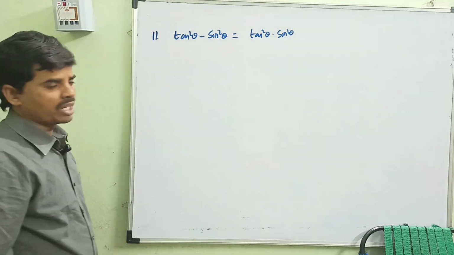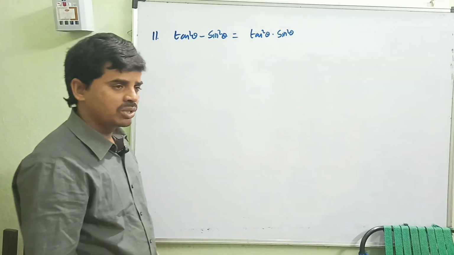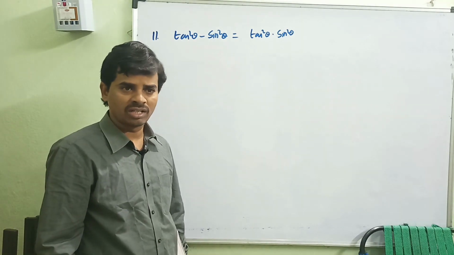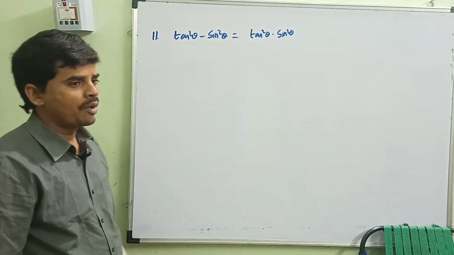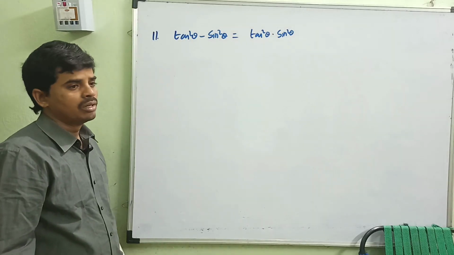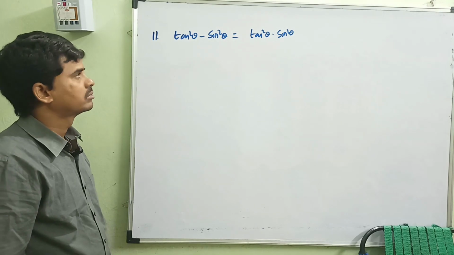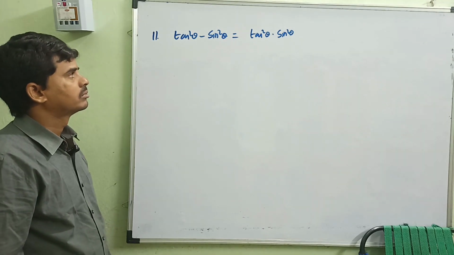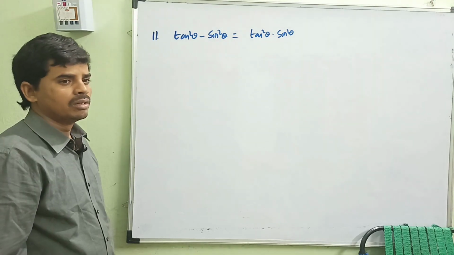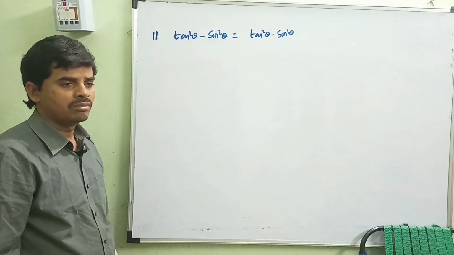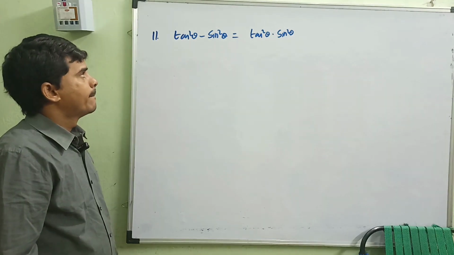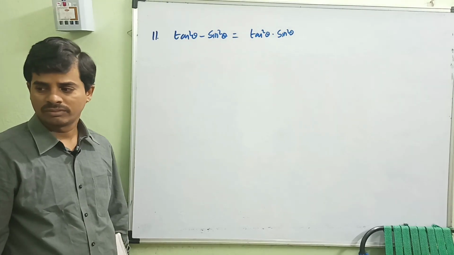So what can we do? How can we get tan square theta into sin square theta? What do you observe? What changes can we do?